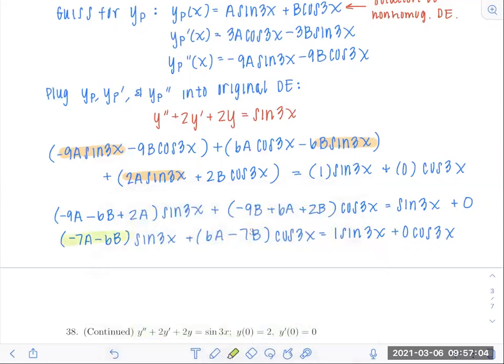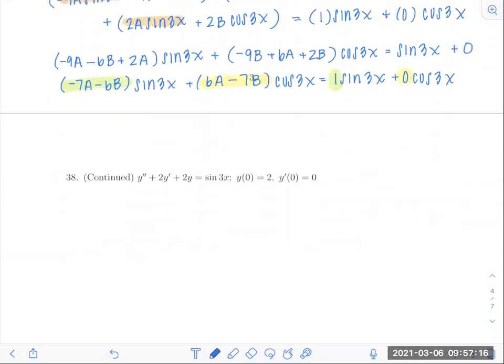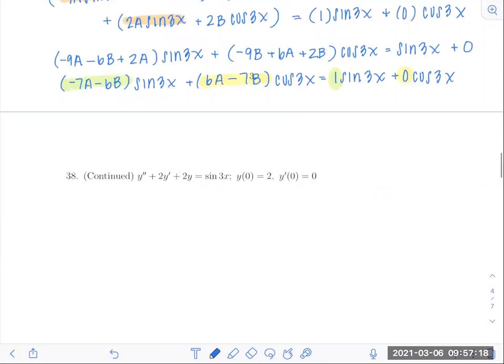I'm going to take the coefficients of the sine functions and equate them in green, and the coefficients of the cosines and equate them in yellow. I'm going to move this onto the next page so that we're not cramped for space. So here is the sine of 3x functions: I have negative 7a minus 6b equals 1. And for the cosine of 3x functions, 6a minus 7b equals 0.